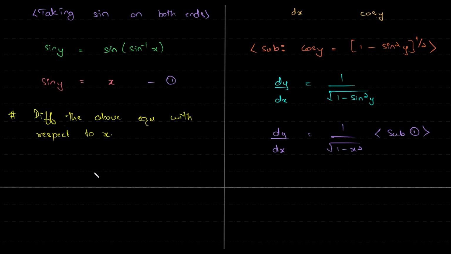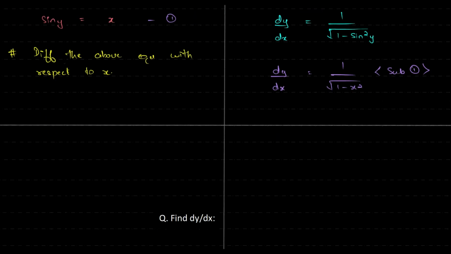So let's look at the domain, that is, what set of values will make sense over here. The domain will depend on square root of 1 minus x square being greater than 0, right? This expression has to be greater than 0.